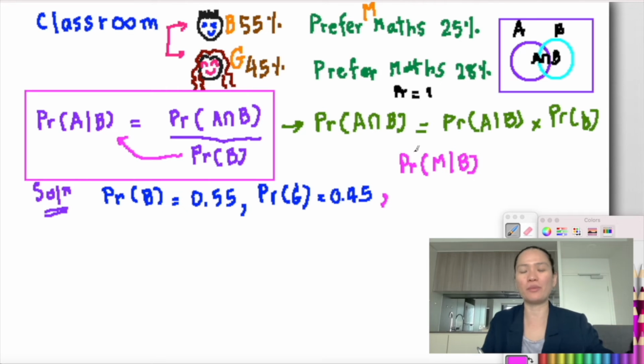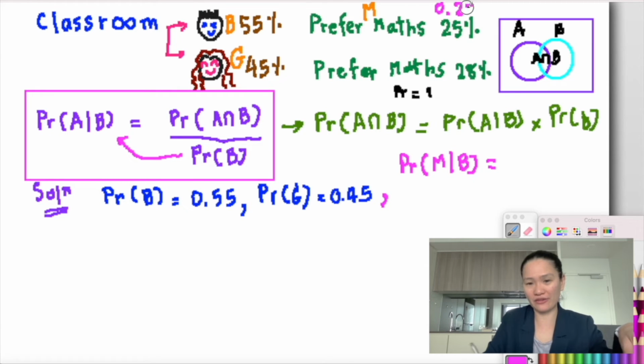So probability math given boy equals 25%, which is 0.25. If you say 28%, 0.28. So probability prefer math given boy is 0.25.